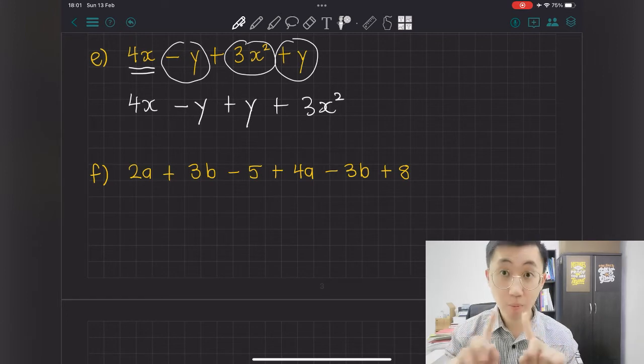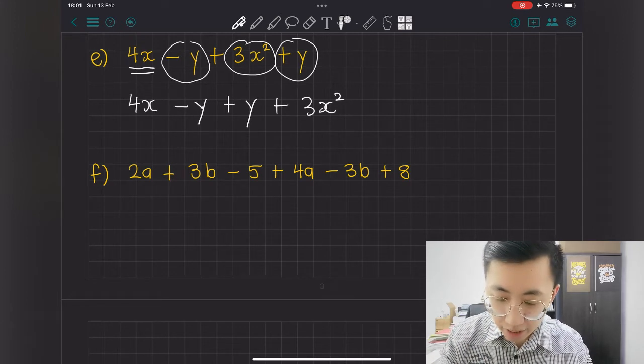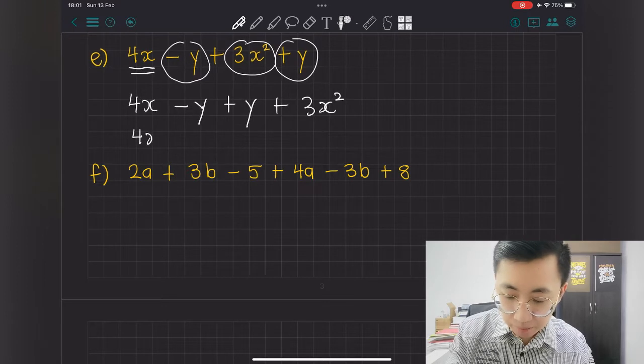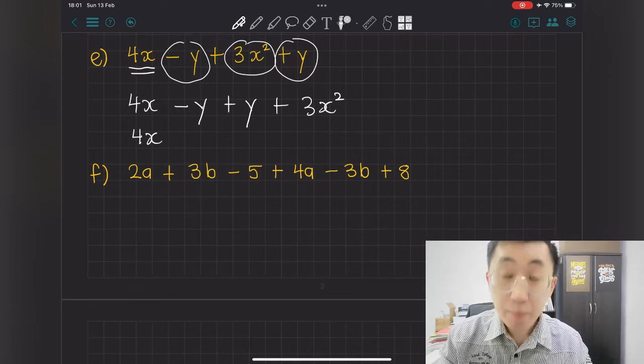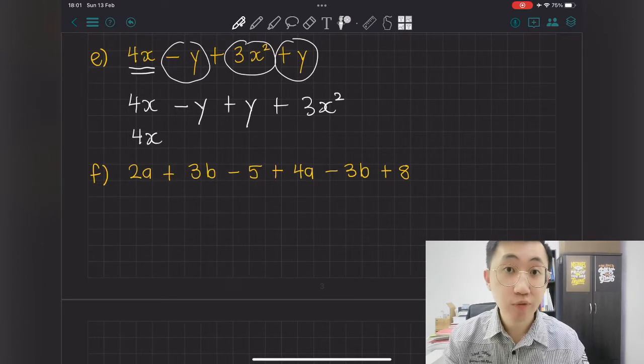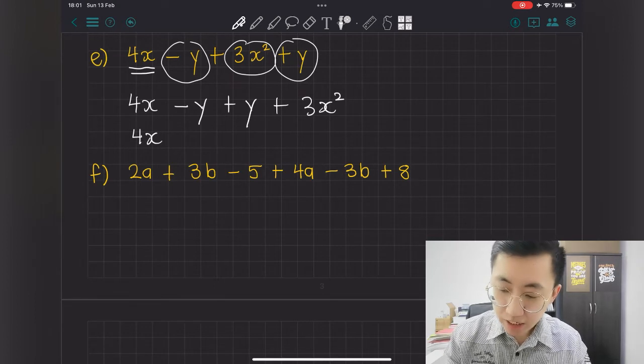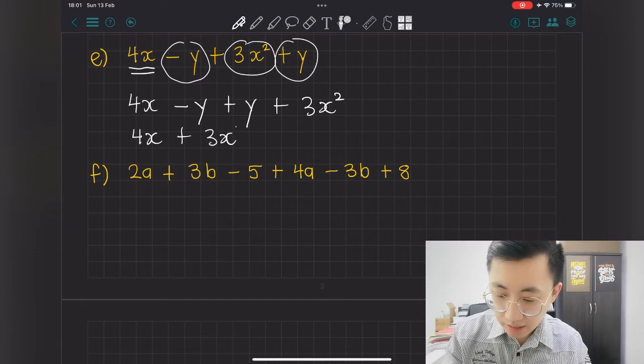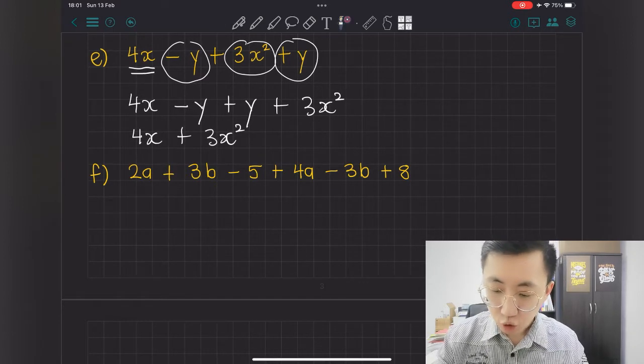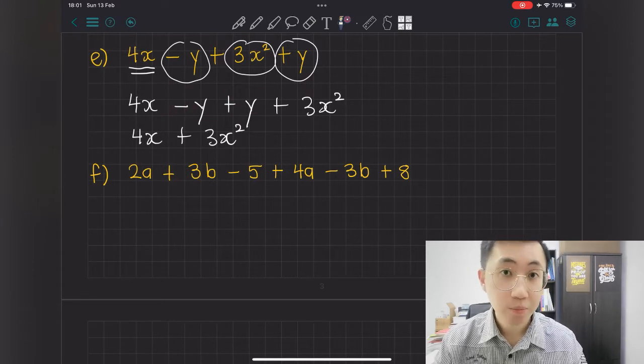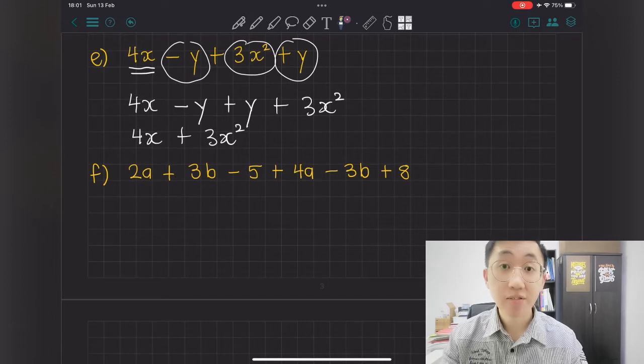Now let's combine. 4x cannot do anything, copy back. Minus y plus y is actually 0, so you don't have to write 0. Finally, 3x squared is alone, copy back, plus 3x squared. Notice that these two are cancelling each other off, so these two no need to write. That's the answer for E.